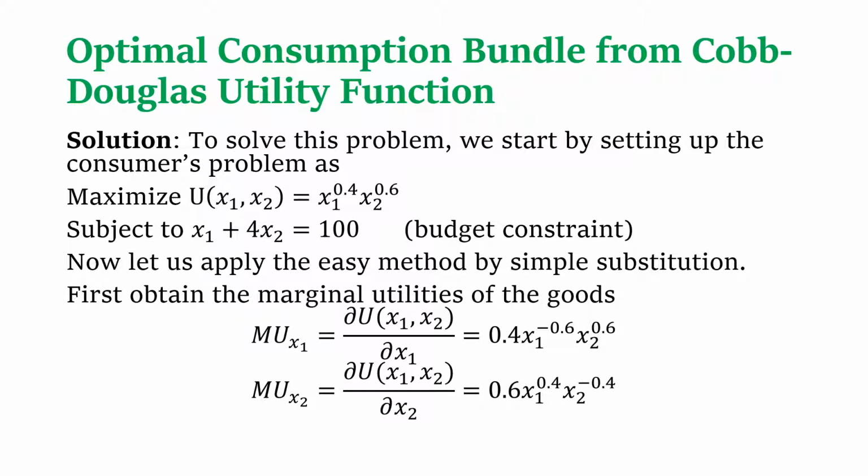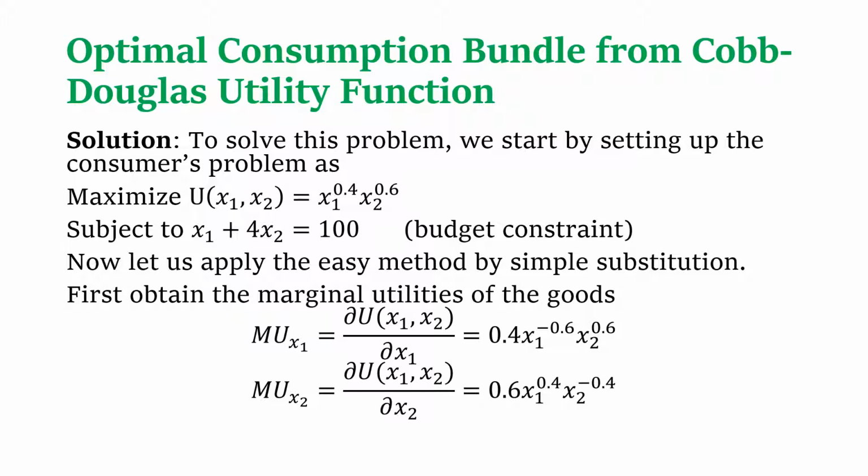Now, let us first of all find the marginal utilities. Why do we need the marginal utilities, for God's sake? We need the marginal utilities because we want to find the marginal utility per dollar spent on each good. So according to the equimarginal principle, the consumer is in equilibrium if the marginal utility per dollar spent on each good is equal.